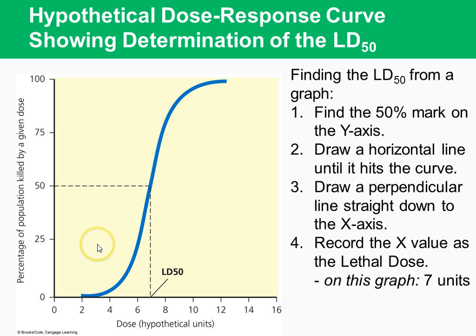Again, if you want to find the LD50, we're going to go up to the percent of the population that's killed. So if we go up here to 50%, then we can go over and find that intersection, and we see that that intersection occurs at, down here on the x-axis, 7 milligrams. So our LD50 is going to be recorded as the dose, 7 milligrams.